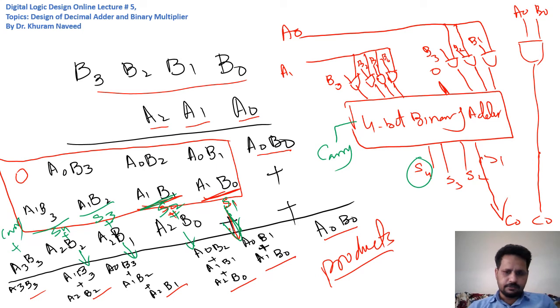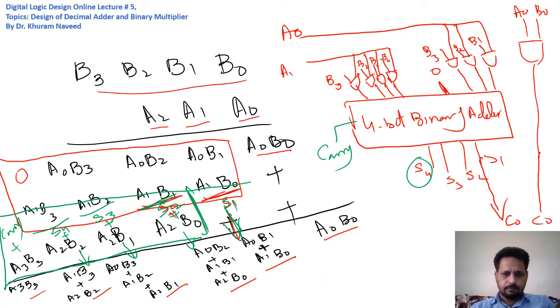So now again, as you can see, we have an addition that involves two 4-bit binary numbers. So we will again use another 4-bit binary adder.